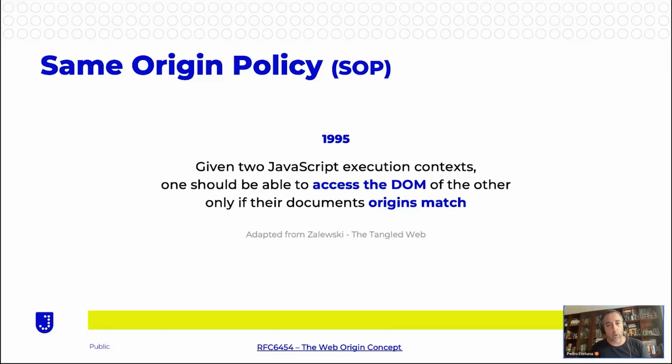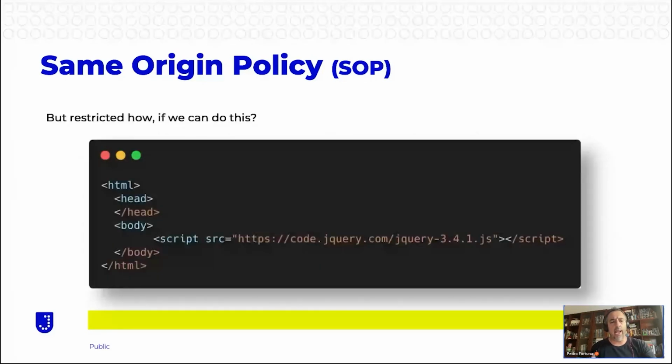If they are from different origins, which we call cross-origin, then this access is quote unquote restricted. But restricted how, if we can do this? So we can roll out an HTML page, and we can embed a script loaded directly from a third-party server. And that code, once it loads, benefits from the same level of privileges as any other scripts running on the page, even the first-party scripts or the page's origin.